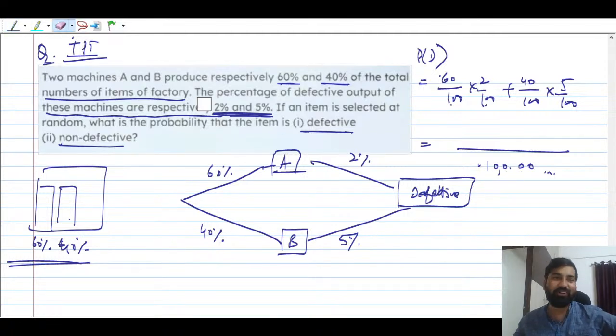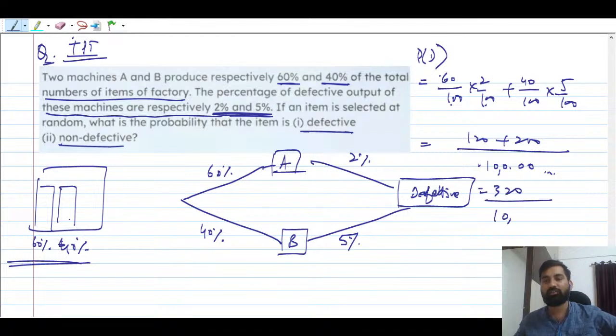I thought otherwise the probability would be greater than 1, so that was wrong. Here 120 plus 200, which is 320 by 10,000. Now you can cancel, so you will get 0.032. Sorry, this is the answer.